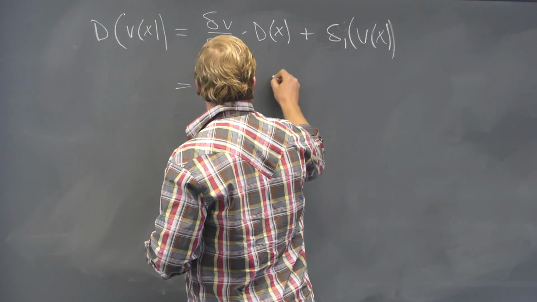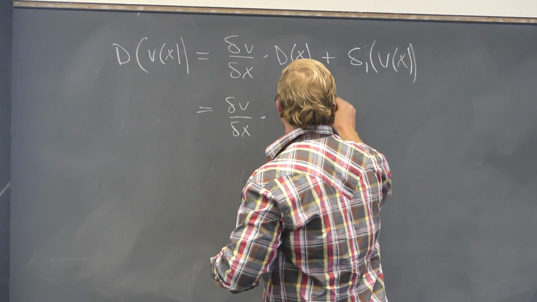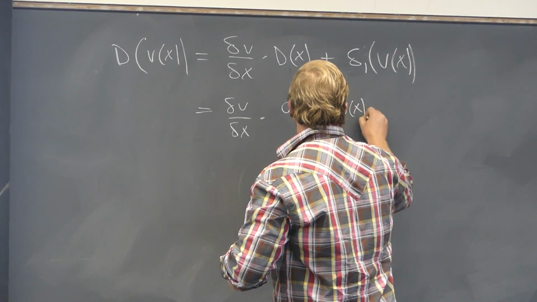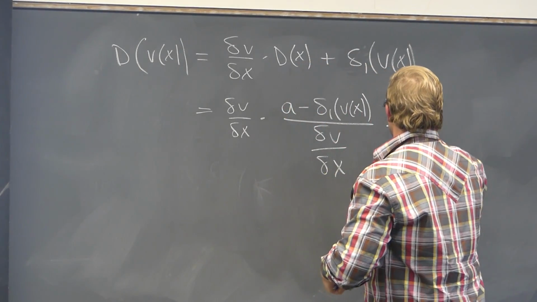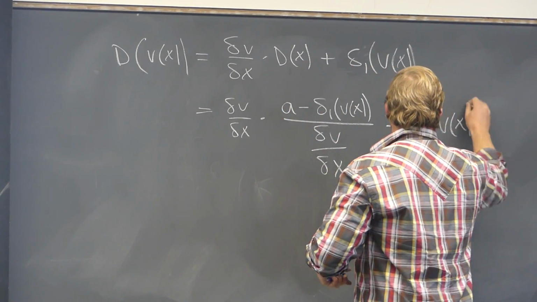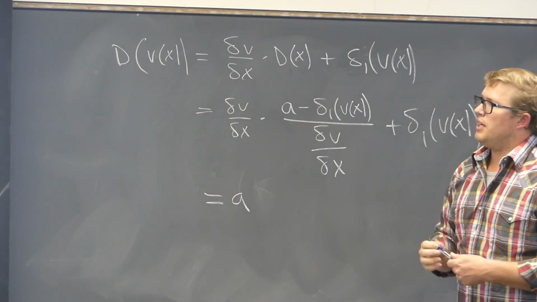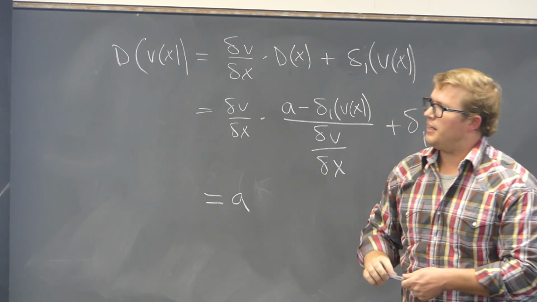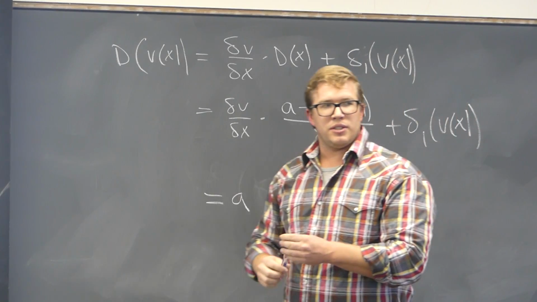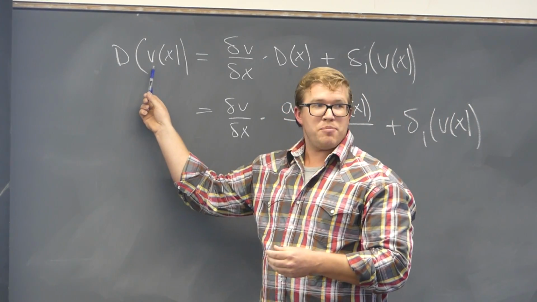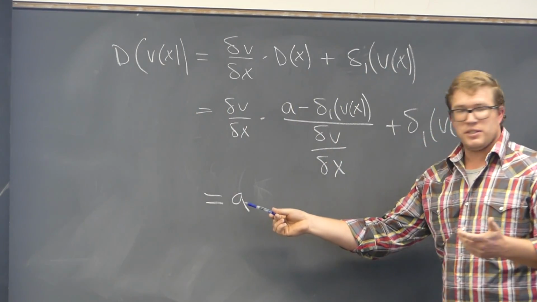This is 1 over f of x. This is now a minus delta 1 of V of x over dV/dx, plus delta 1 of V of x, and the whole mess just becomes an A, which is just some element in the field. I didn't write that on the slide, but A is just an element of the field. And so if you took two solutions to your differential equation, and you look at the map V of x1 minus V of x2, it's a map to the constants, because they both have the same derivative.